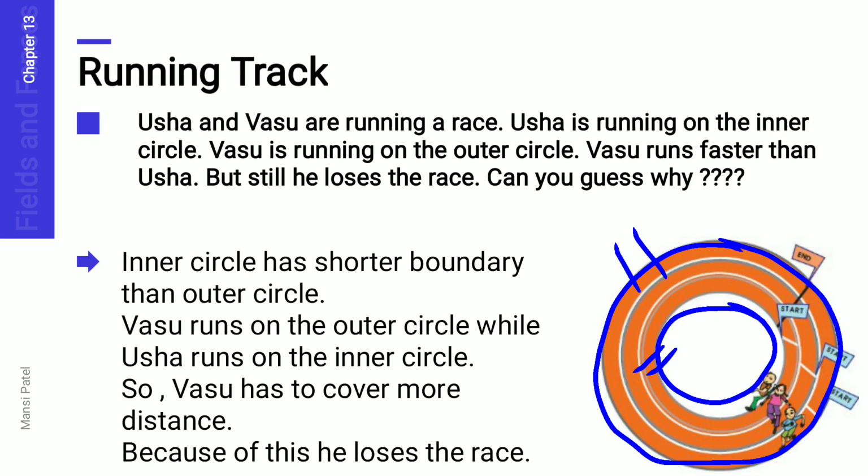So Vasu runs on the outer circle while Usha runs on the inner circle. So Vasu has to cover more distance. If Vasu is running on this track, then he has to cover more distance. Therefore, he loses the race. Whereas Usha runs in this track and she has to cover only a short distance as compared to Vasu. Therefore, Usha wins this race.